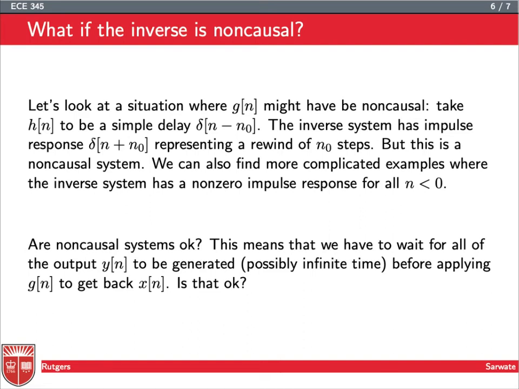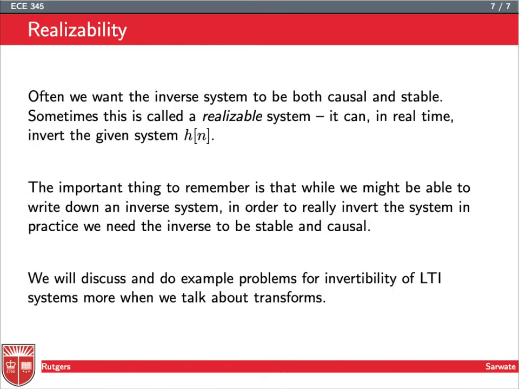So this is the kind of question that we're interested in. If we have to wait for all of the output y of n to be generated, this might be bad in terms of an implementation. So these issues are complicated, and this shows why generally finding an inverse system is a complicated operation.